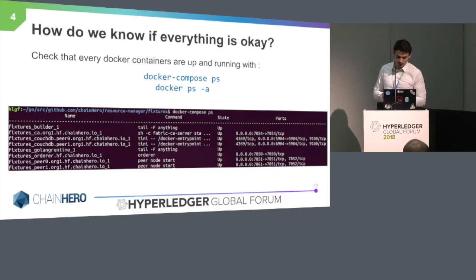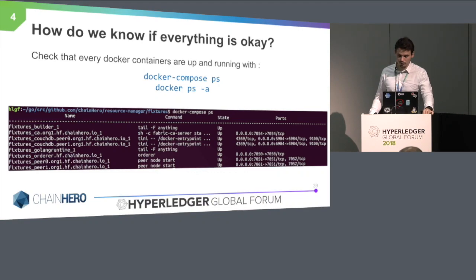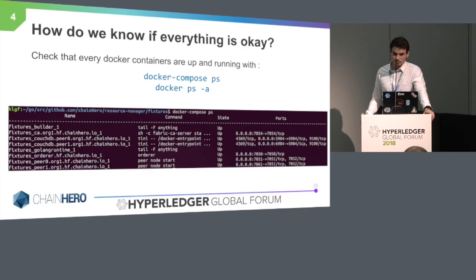To do that, you need to use one of the two commands I provide. For the Docker Compose command, you need to go inside the fixture folder, because Docker Compose uses the Docker Compose YAML, the configuration file, in order to run.